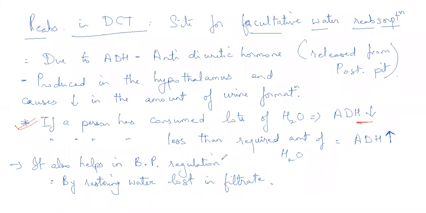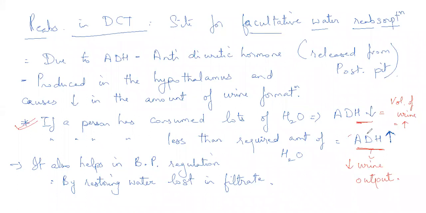If a person has consumed less than the required amount of water, the ADH would increase. The increased amount of ADH would decrease urine output. ये कम कर देगा इसको. It decreases the urine output.